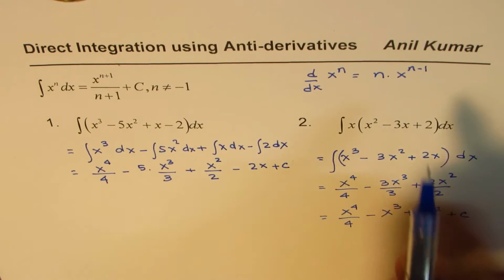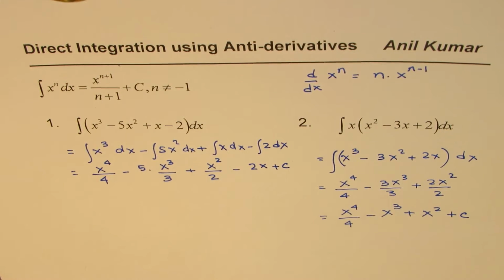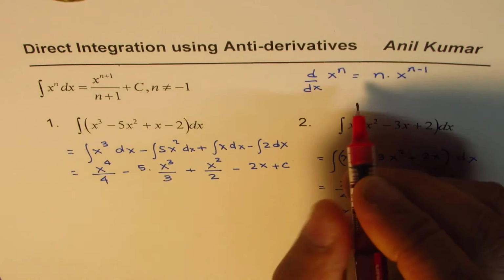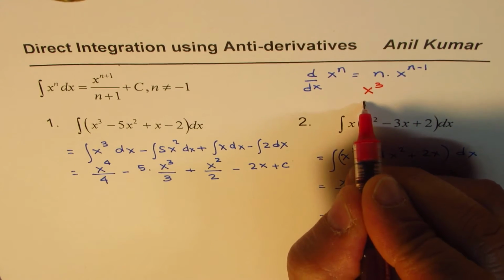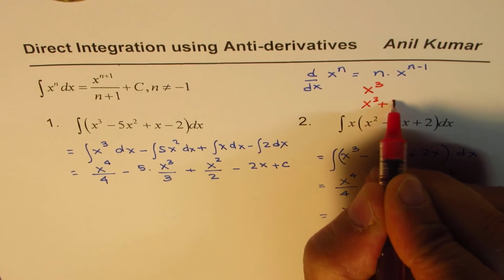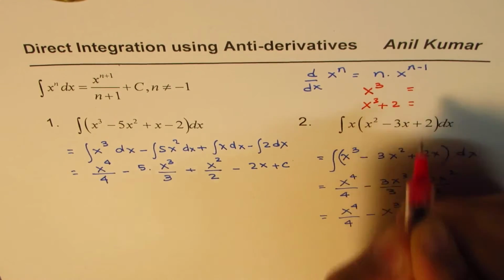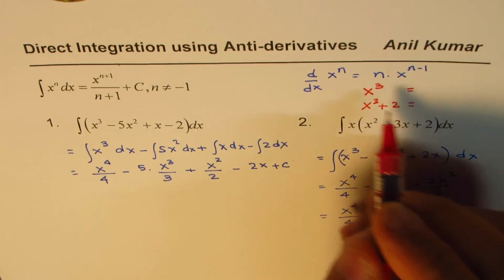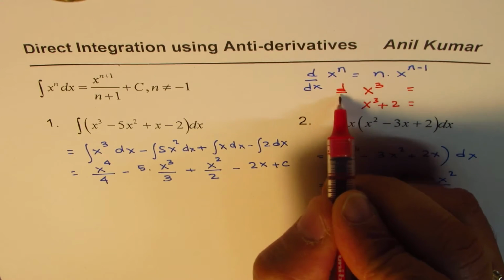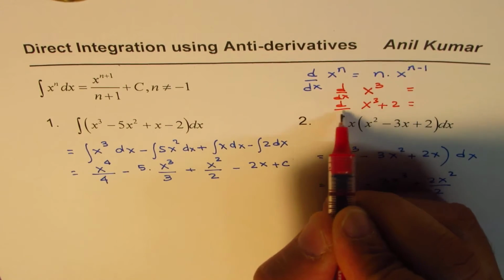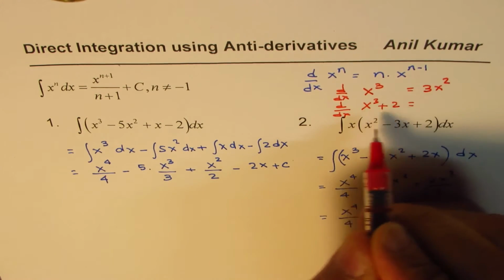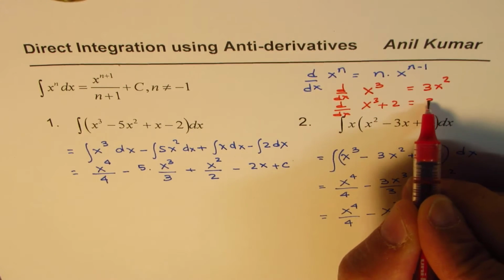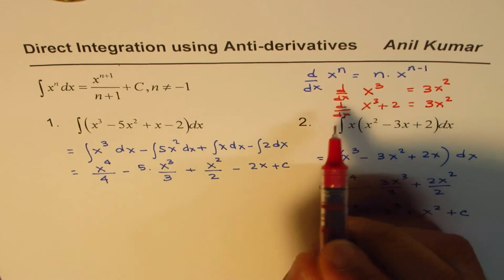The idea is that, let me give you an example to make it very clear. For example, I have a function x cubed and a function x cubed plus 2. Now what are their derivatives? We want to find d dx for both. You will see it is 3x squared, and for this also it is 3x squared.